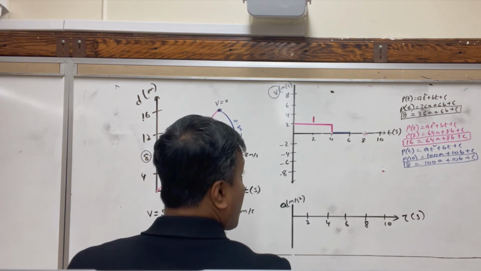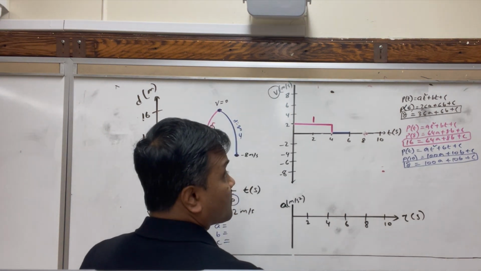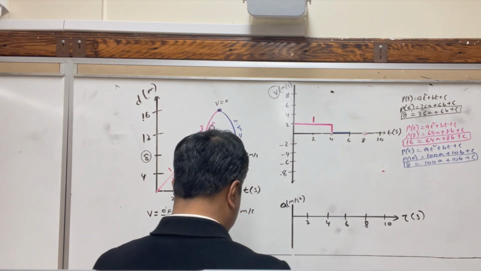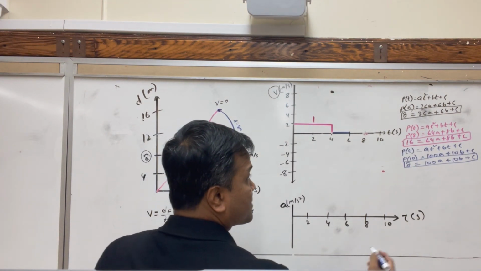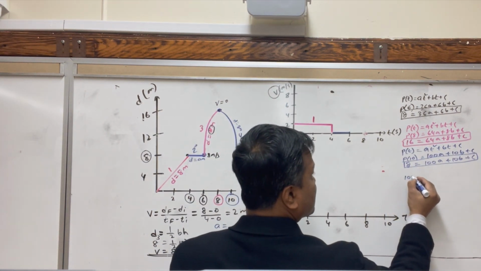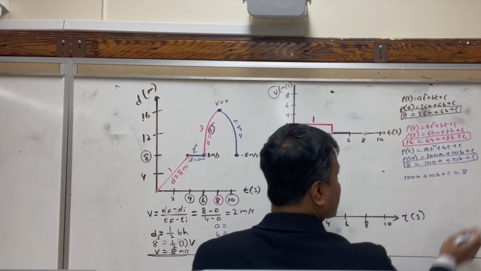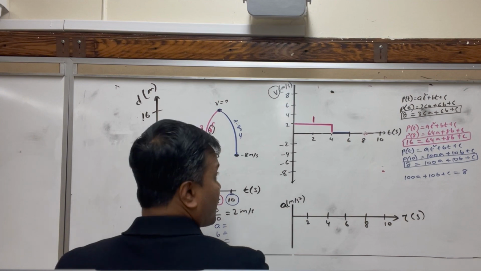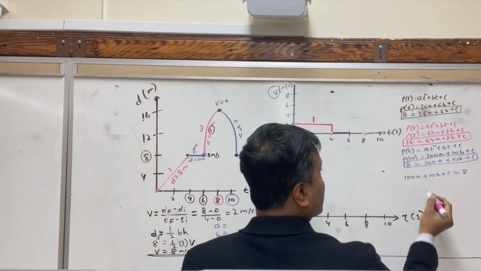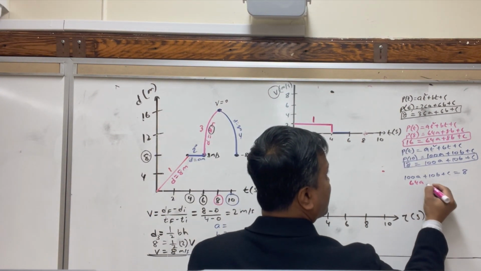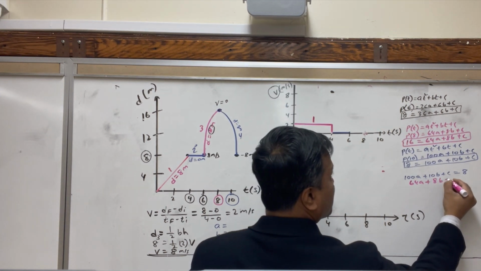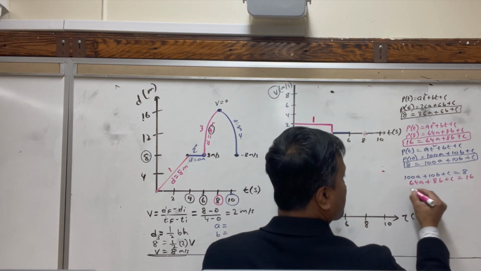So let's write the last one: 100a plus 10b plus c is equal to 8. And this one, 64a plus 8b plus c is equal to 16.